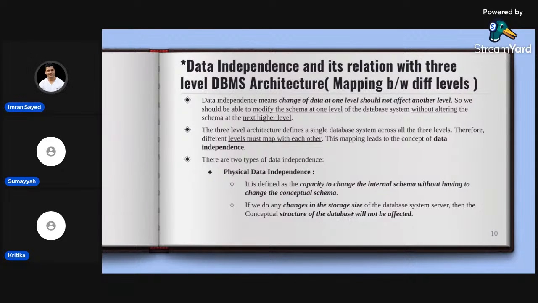Why they use storage size is because physical data talks about storage. So depending on what that particular level does, you can expand on the second line and talk about that. Another point: it is used to separate the conceptual level from the physical level.